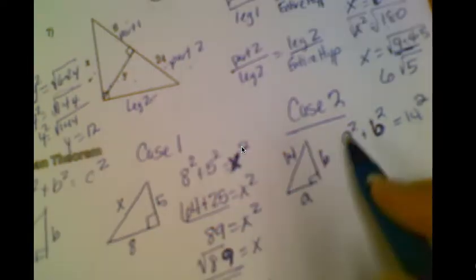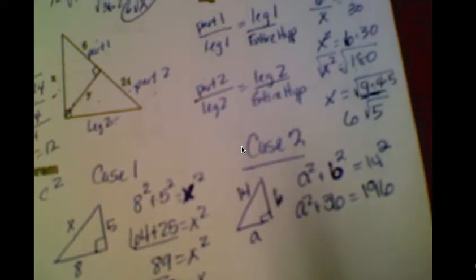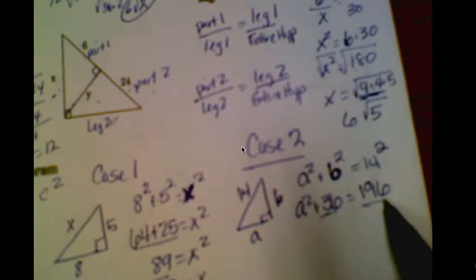Okay, so these are on opposite sides. I'm going to go ahead and find the values for the 6 squared. a squared plus 36 is equal to 196.